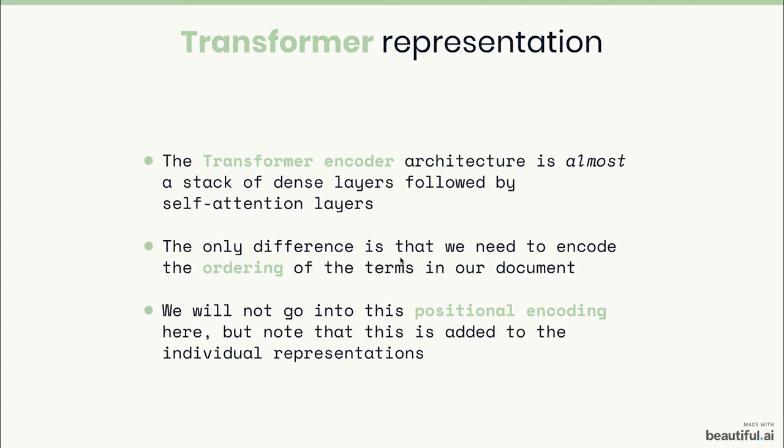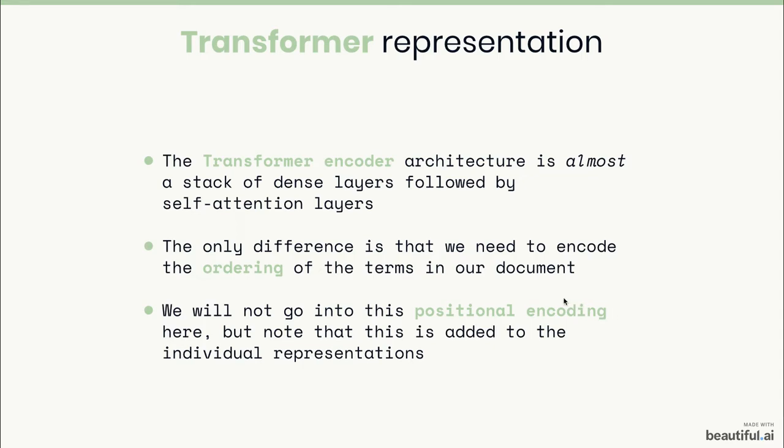The only difference between just having a stack of dense layers and attention layers and the actual transformer encoder is that we need to somehow encode the ordering of the terms in our document. We won't go into that here, but just keep in mind that there is a static positional encoding.